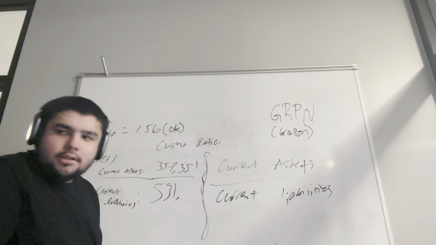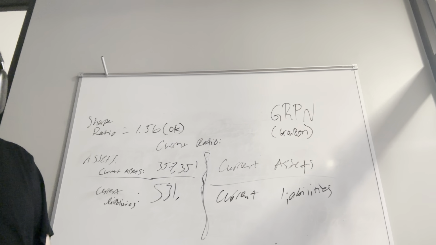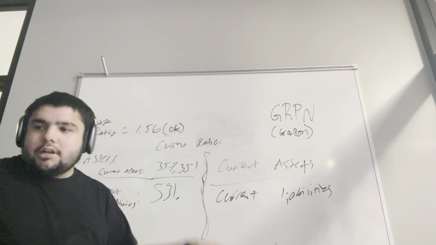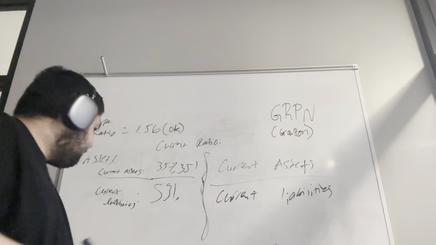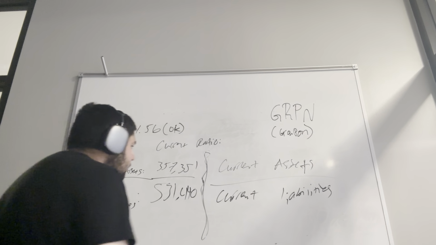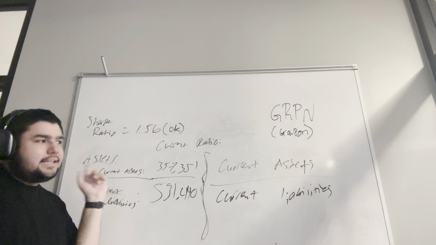531. Now these are in thousands, by the way. It'll tell you at the top of the balance sheet: in thousands, except share and per share amounts. So 531,440, which is not looking great, because the current liabilities are above the current assets.